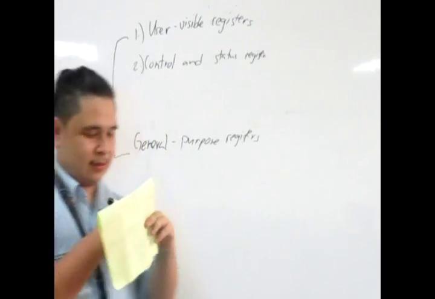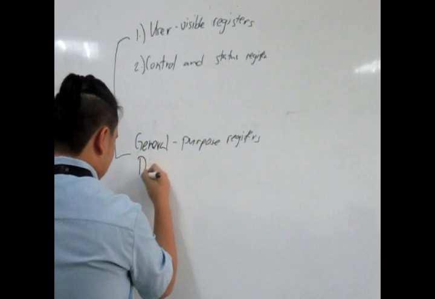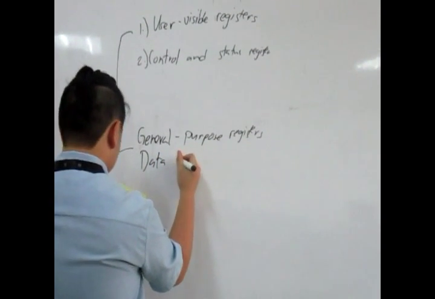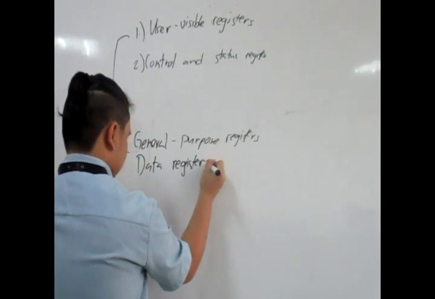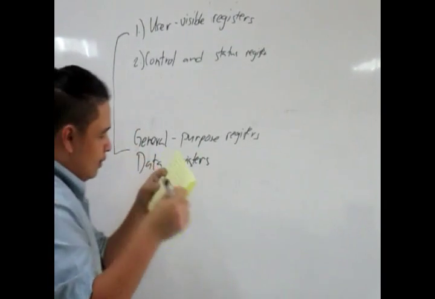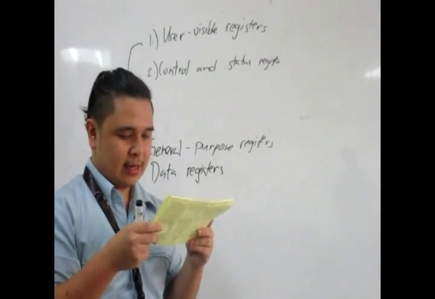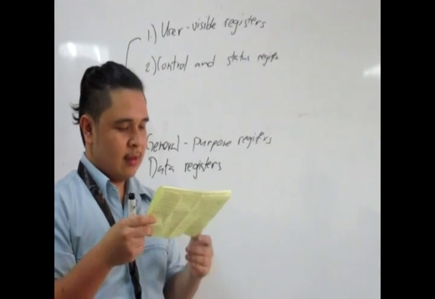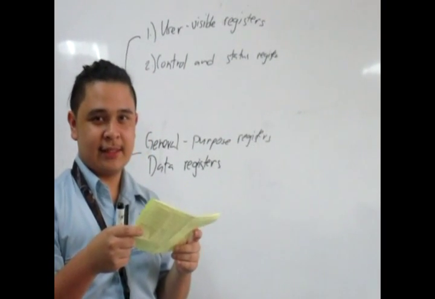The next is the data register. A data register is used only to hold data and cannot be employed in the calculation of an operand address.